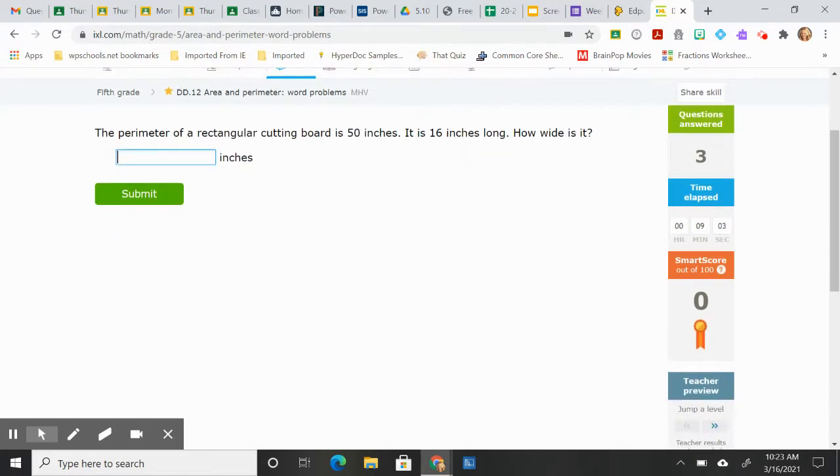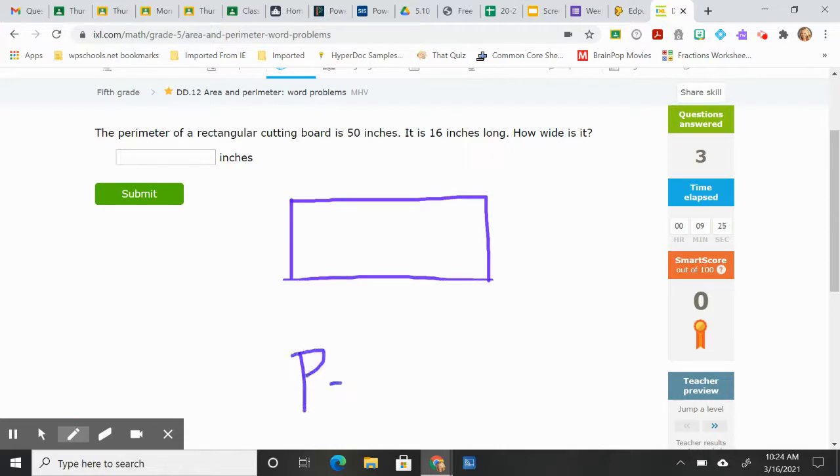Okay, here we go. The perimeter of a rectangular cutting board is 50 inches. It's 16 inches long. So how wide is it? Okay, so this is kind of hard to picture. So again, I like to draw in a rectangle. And I know that its perimeter is going to be 50. So all the way around here is going to add up to 50 inches.